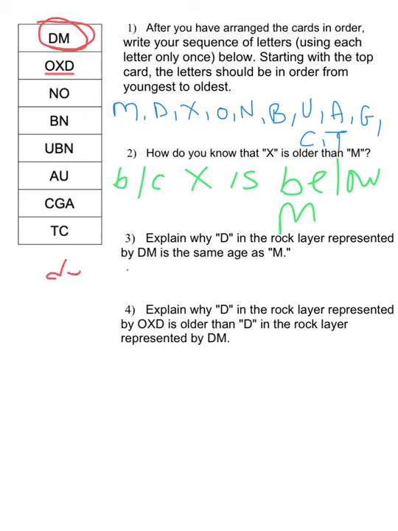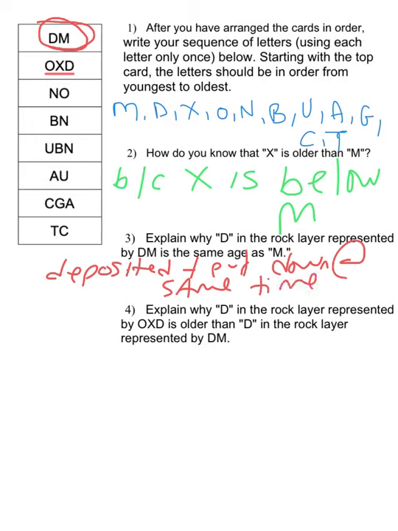Whatever sediment was being carried, and whatever was carrying it, whether it was water, wind, ice, whatever, the fossils that are found in DM were deposited and put down at the same time.